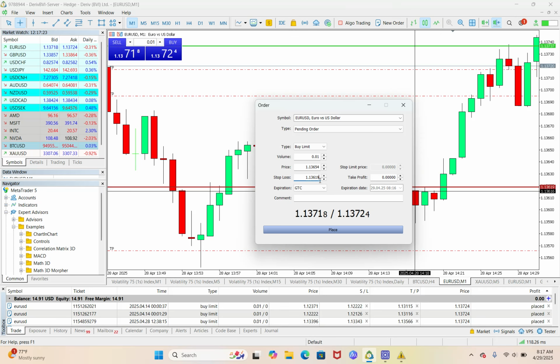Okay, 34 and 1, 35. So we're risking 35 pip, right, to make 75 pip. Okay, so we're risking 35 cents in order to make 75 cents.